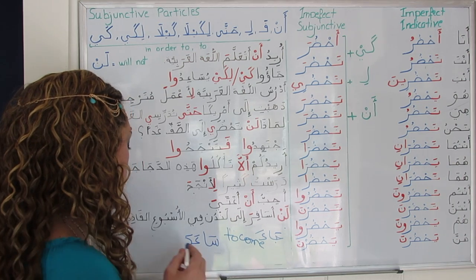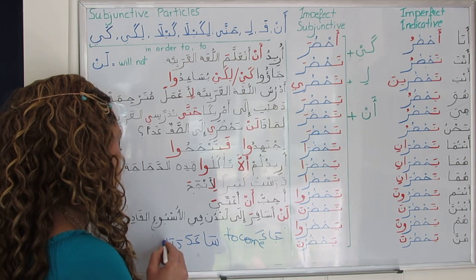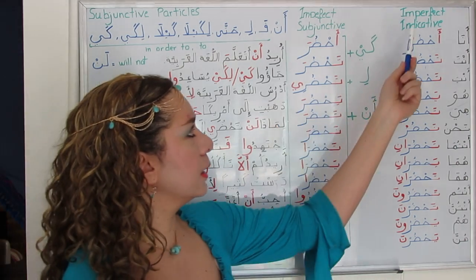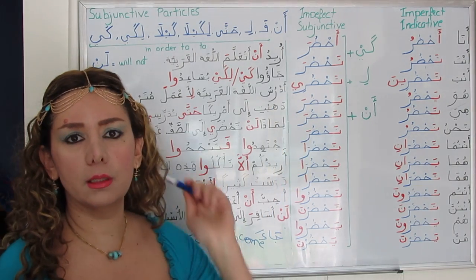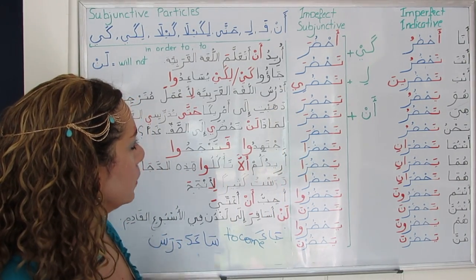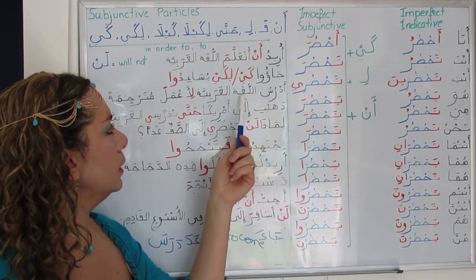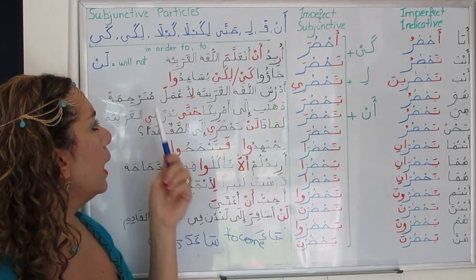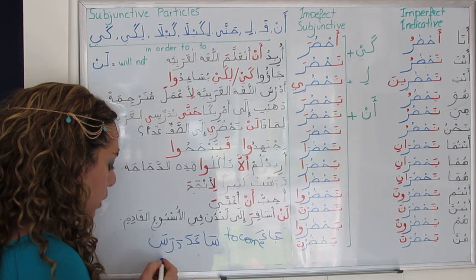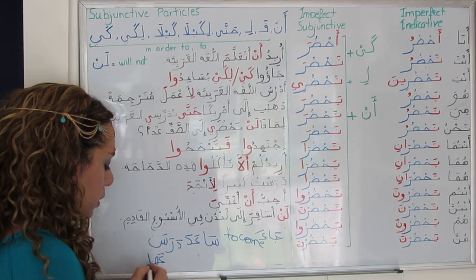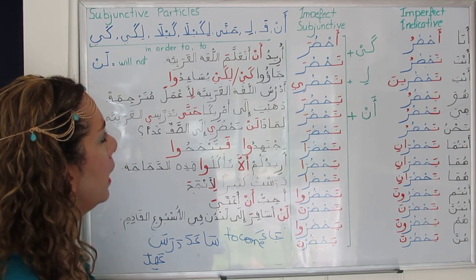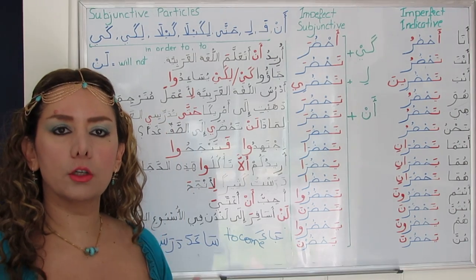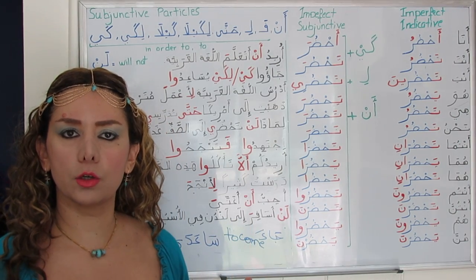درس, it's to learn. I study in the indicative mood because it's not preceded by any particle. أدرس, I study the Arabic language, اللغة العربية. لأعمل, عمل, it's to work. مترجمة, in order to work as a translator.